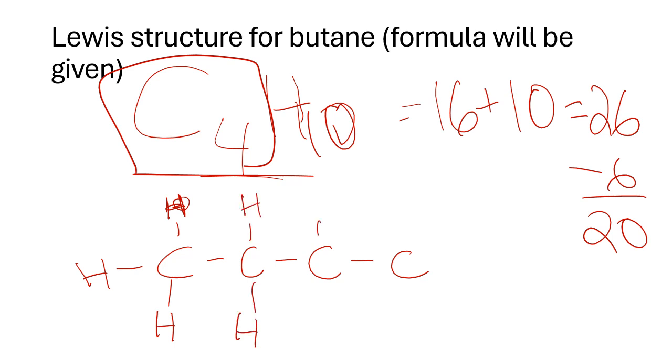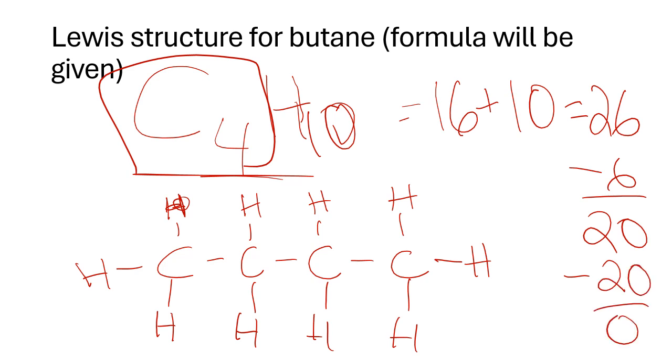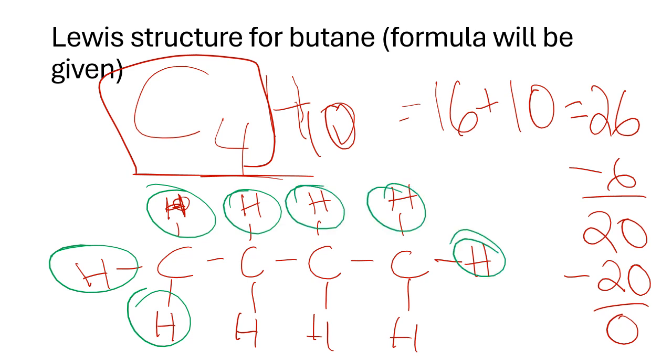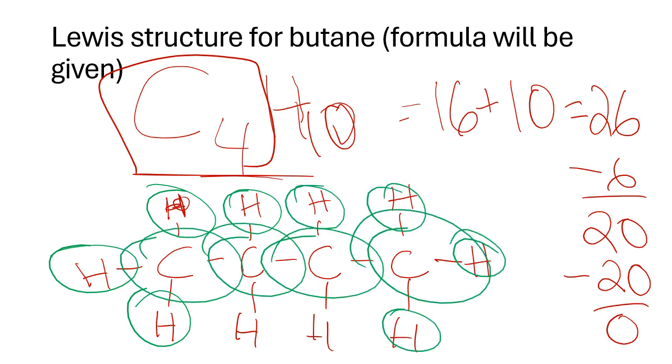Keep in mind there's only those places to go. I bonded all 10 hydrogens using 2 electrons, minus 20, we got 0. Everything follows the octet rule. All the hydrogens are happy with 2. Carbons have 8. So that is the stable Lewis structure for butane.